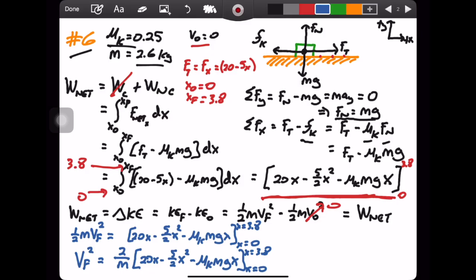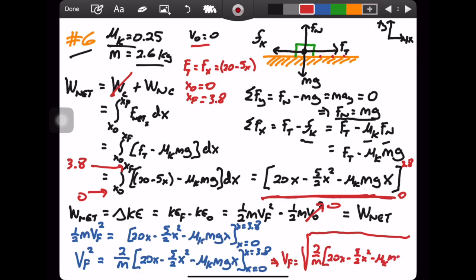So finally, I can take the square root of both sides to get my v final, which is to say v final equals the square root of 2 over m times this, which was our net work integration that we performed, 20x minus 5/2 x squared minus mu k mgx.